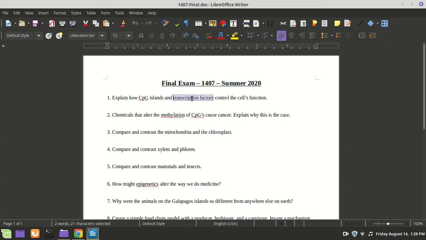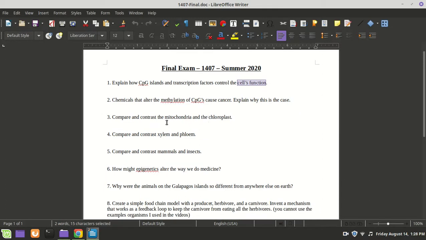But most of it is on the results, the cell's function. So how is it that what these do controls the cell's function? That's the main idea, cell function. I emphasize that, huge hints there. I think you're going to do well. I'm not worried about that question.